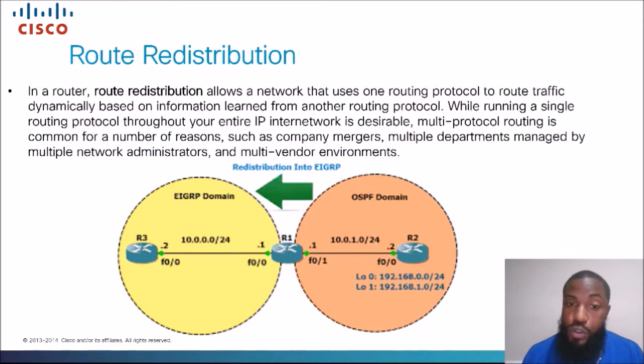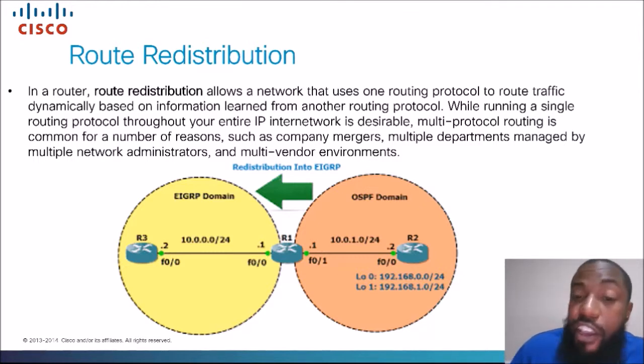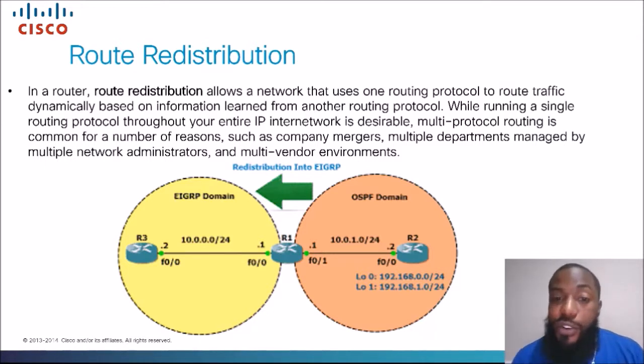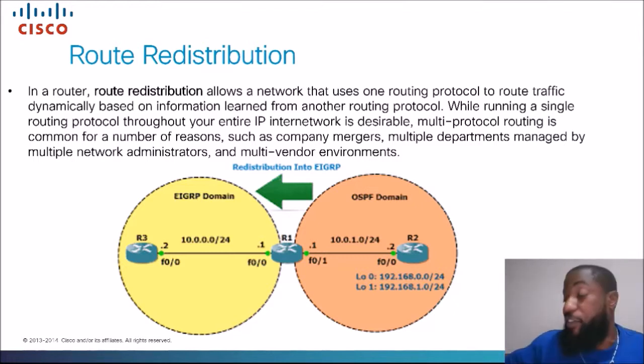Well, they're going to need to do some kind of route redistribution for the two domains to be able to exchange routes. Another reason is multiple departments managed by multiple network administrators. This is basically the right hand not knowing what the left hand is doing, so you're going to have two different routing protocols in one company. Or multi-vendor environments. If you got this department with Juniper devices, or this department running Cisco, or this department running some other heathen vendor, then you're going to have to use redistribution because they might be using different routing protocols.